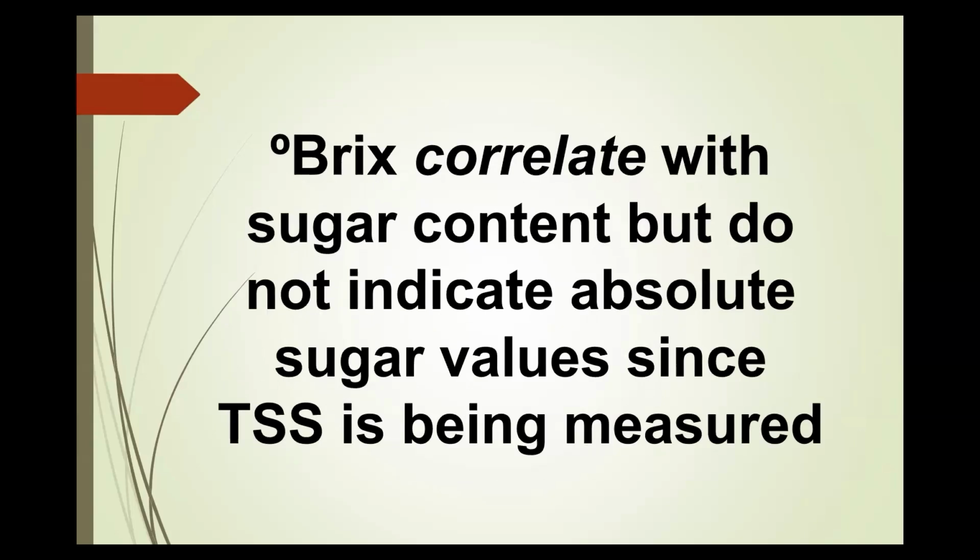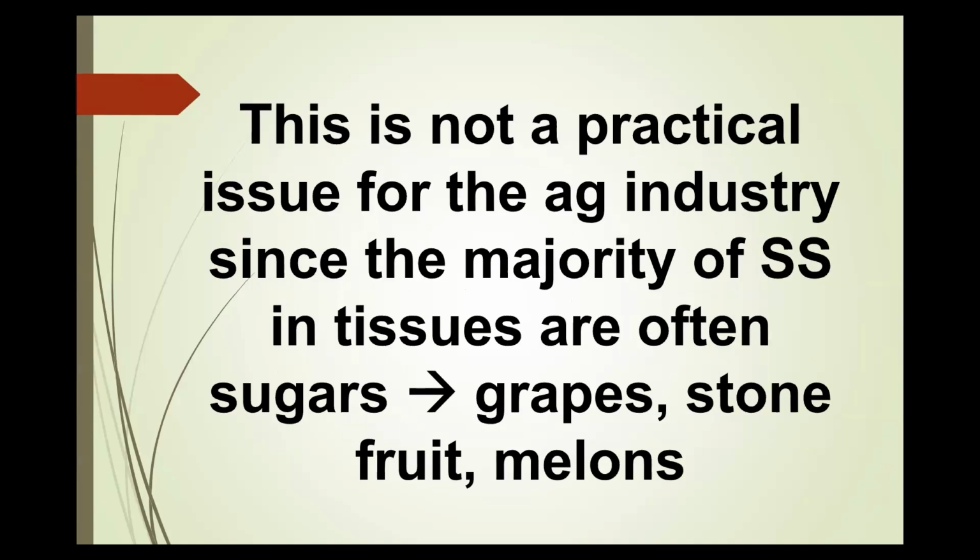Degrees Brix correlate with sugar content, but do not indicate absolute sugar values since total soluble solids is what is being actually measured. However, this is not a practical issue for the ag industry since the majority of soluble solids in tissues are often sugars. Think of grapes, stone fruit, and melons.